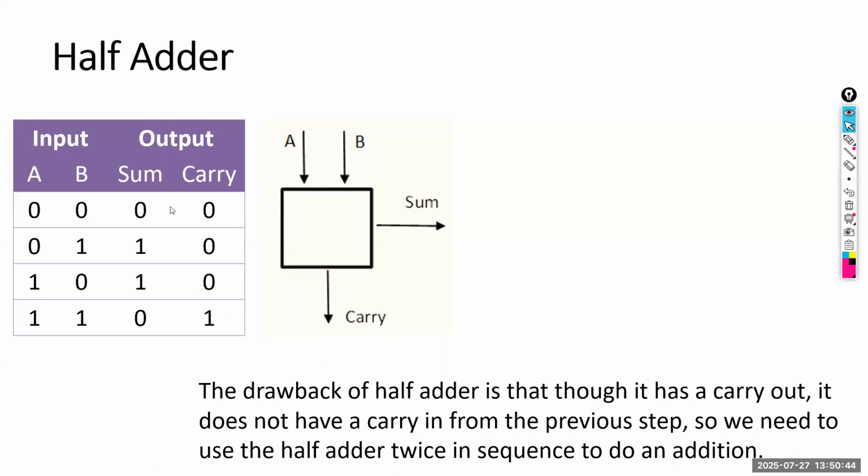Again, you can use sum of product or product of sum approach and do this. For example, if you are interested in sum of product, you now have two circuits combined together. If you look at this, you can see that the sum is A bar B plus A B bar.